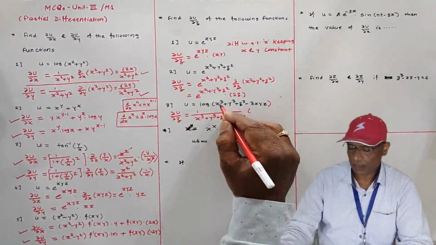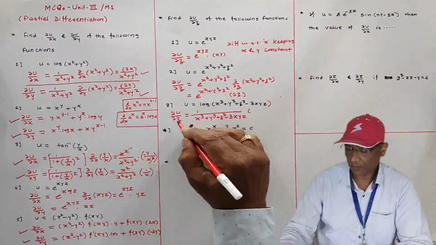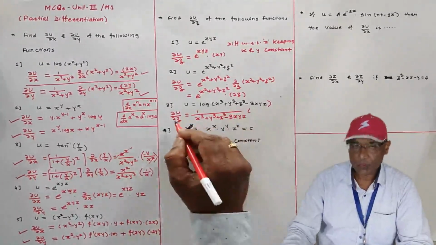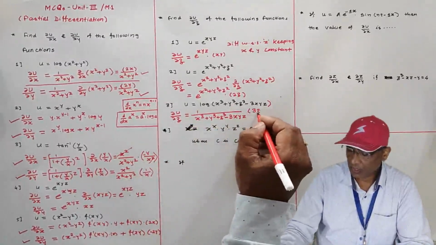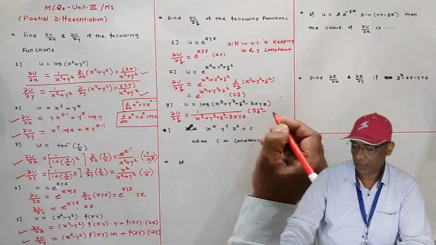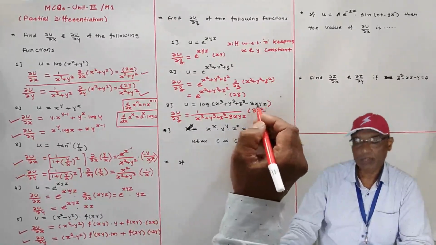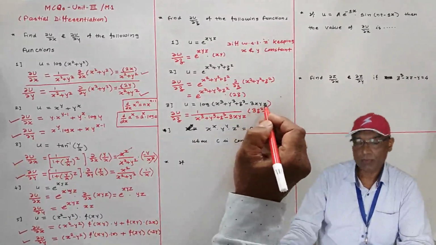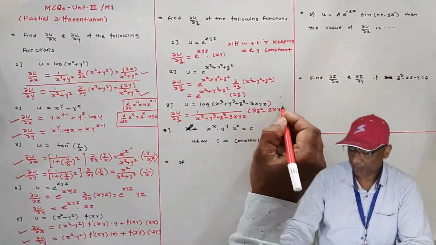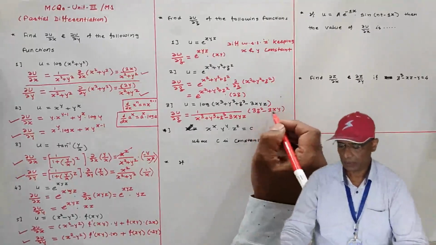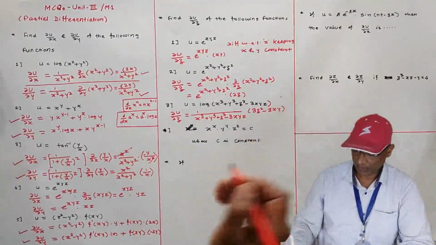Derivative of x cube is 0 with respect to z. Derivative of y cube with respect to z is 0. But derivative of z cube is 3z square with respect to z, minus derivative of this function with respect to z is what? Derivative of z is 1, minus 3xy is multiplicative constant. So you can take 3 common and the next step you can write.